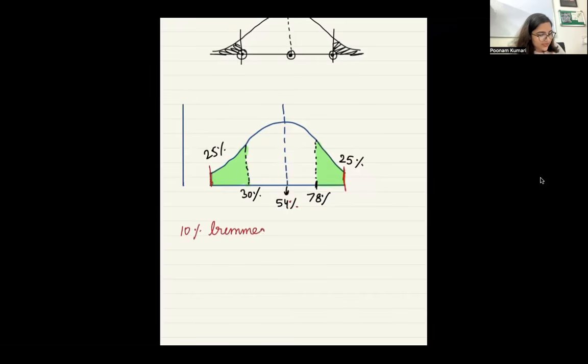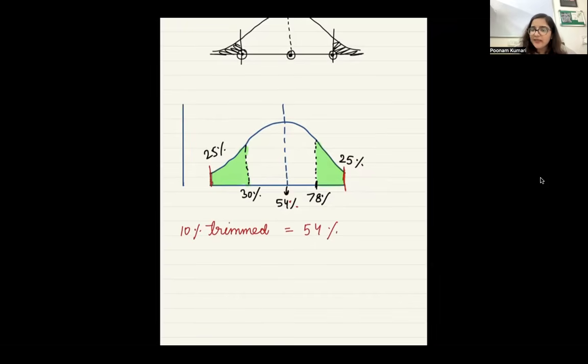54%. Still 54%. So you can keep saying, please find 25% trimmed mean, find 10% trimmed mean, find 8% trimmed mean, any percent of trimmed mean you ask. What is going to be the answer all the time? 54%. So what does this tell me?